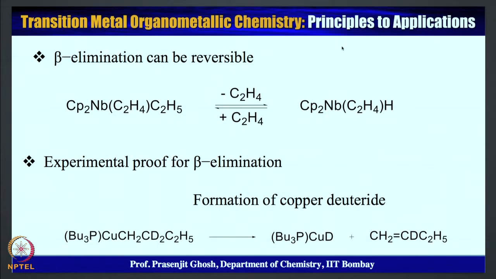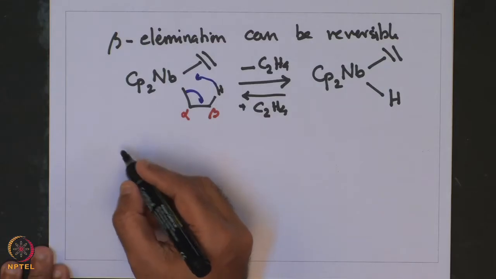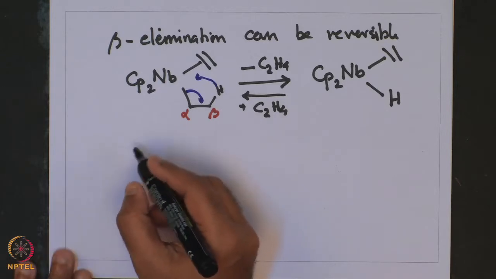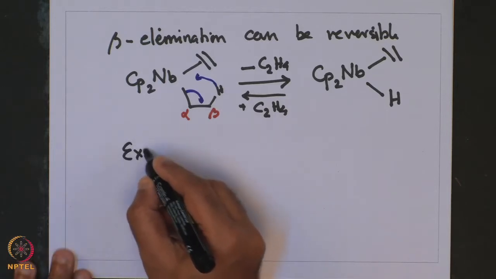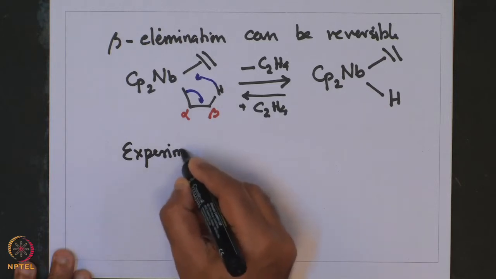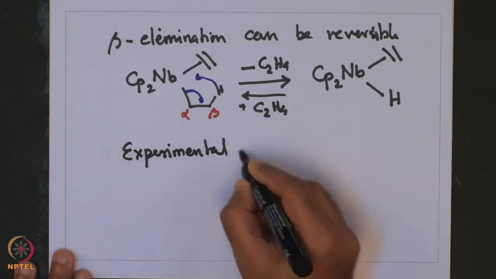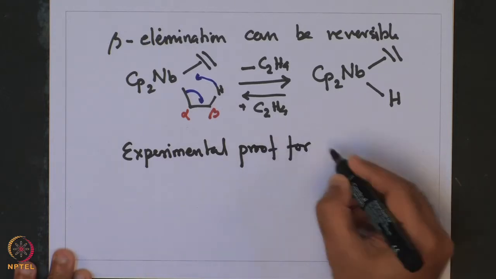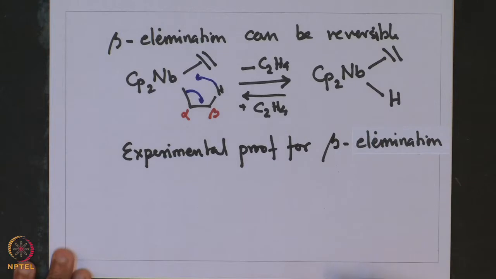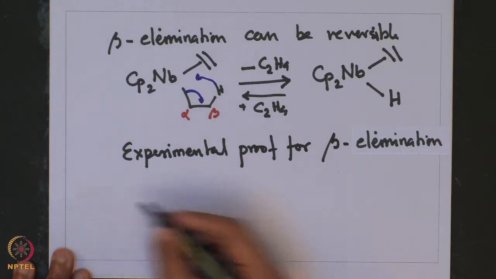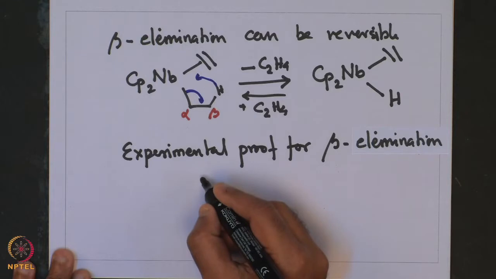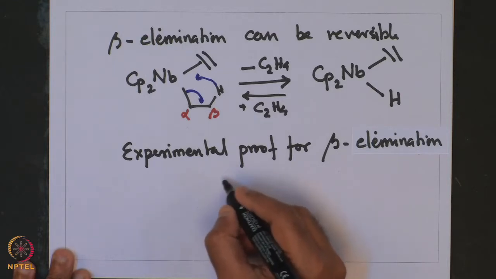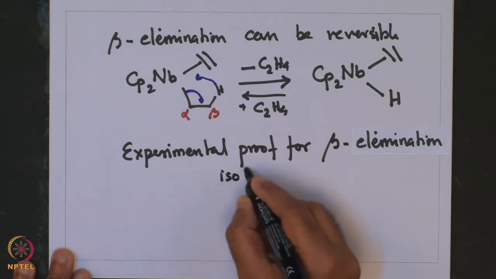An important experimental proof for beta elimination came from a seminal experiment using deuterium studies. For example, this was proven using an isotope labeling experiment.